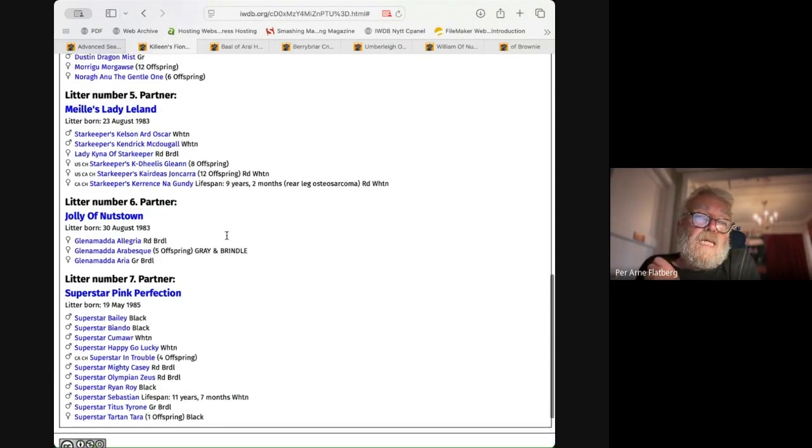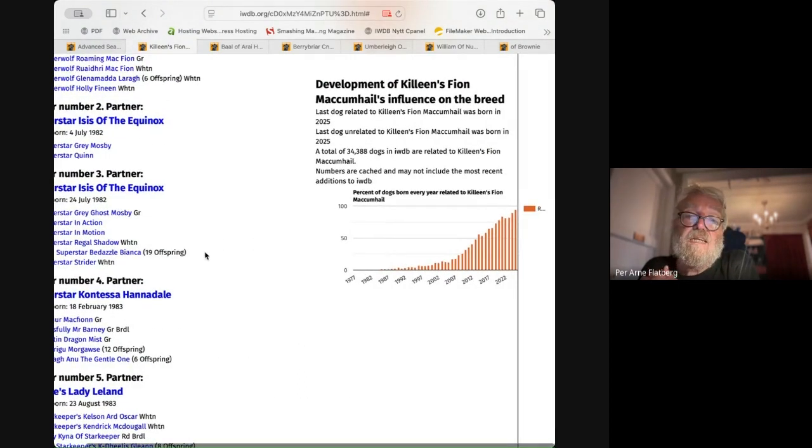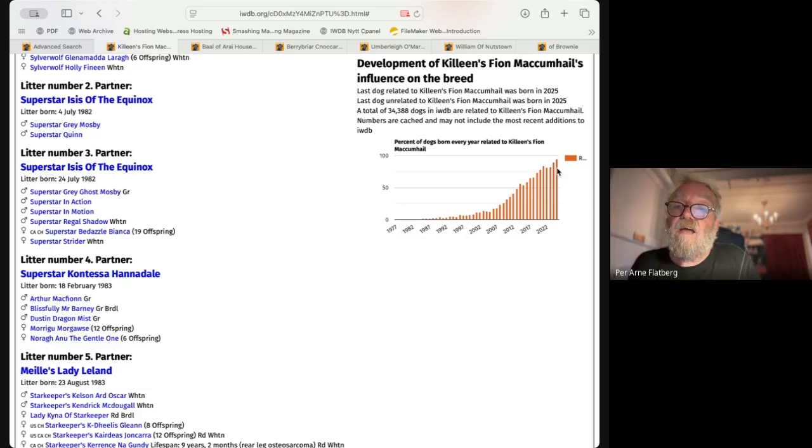So what is interesting here is to see this graph where you see the development of his influence on the breed. You can see that until the mid-80s, almost no dogs were related to him. But when you get to 2025, 93% of the dogs worldwide are indeed related to him. And that's quite a lot.